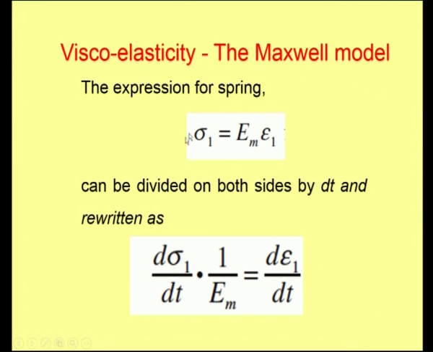The expression for the spring, σ1 equal to Em into ε1, can be divided on both sides by dt, rearranged and written as dσ1/dt into 1 by Em equal to dε1/dt. So, this is the differential equation for the spring.